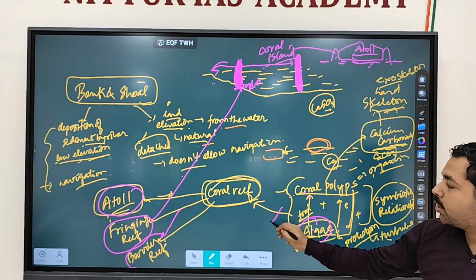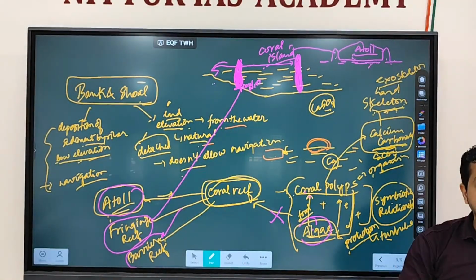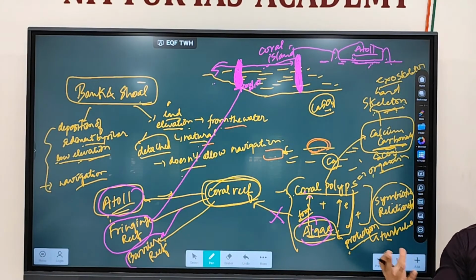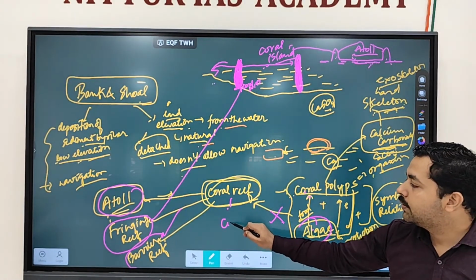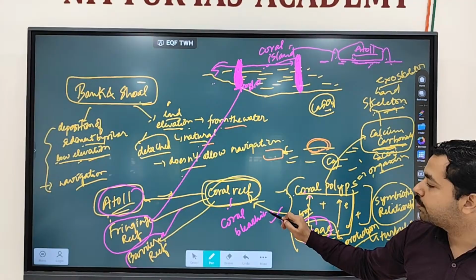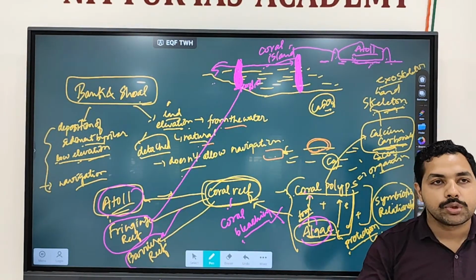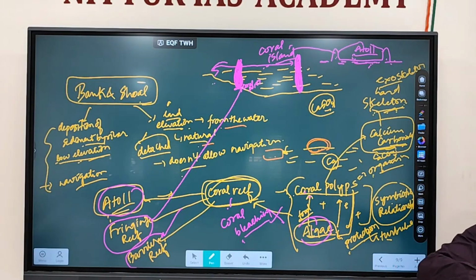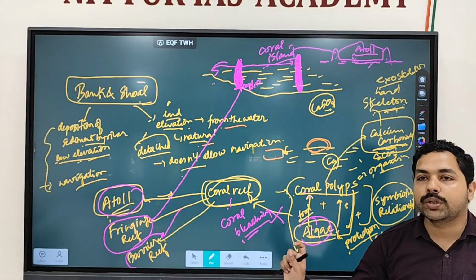Now when this symbiotic relationship breaks down, coral polyps and algae are not together, then what will happen? There will be no colors in the coral, and this phenomenon is referred to as coral bleaching. When the symbiotic relationship between coral polyps and algae breaks down, this phenomenon is referred to as coral bleaching.